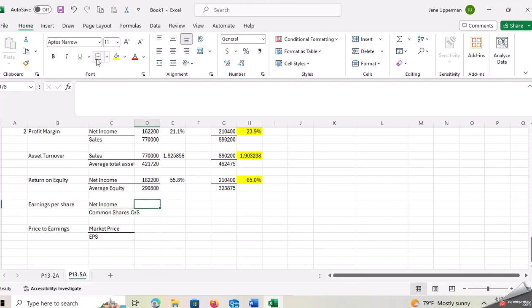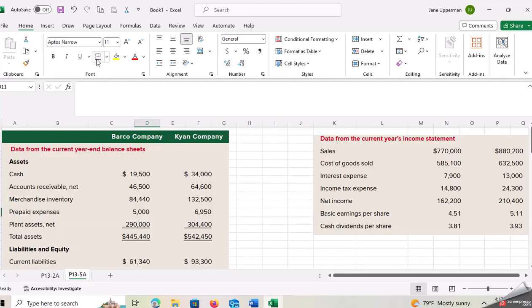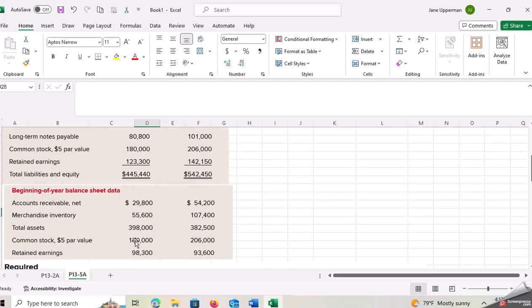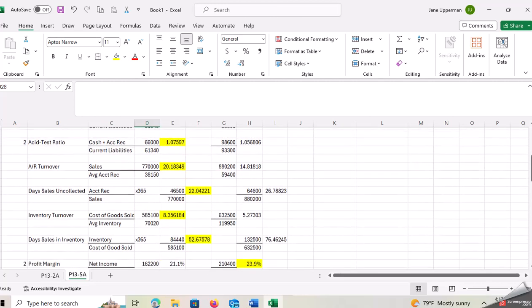So our net income, again, for the first one is the 162,200. So again, I'm just pulling that from the ratios above, but it's also up here in the table. And then our shares outstanding. So I'm going to go down to the balance sheet. We have 180,000 in common stock, and then it's $5 par.